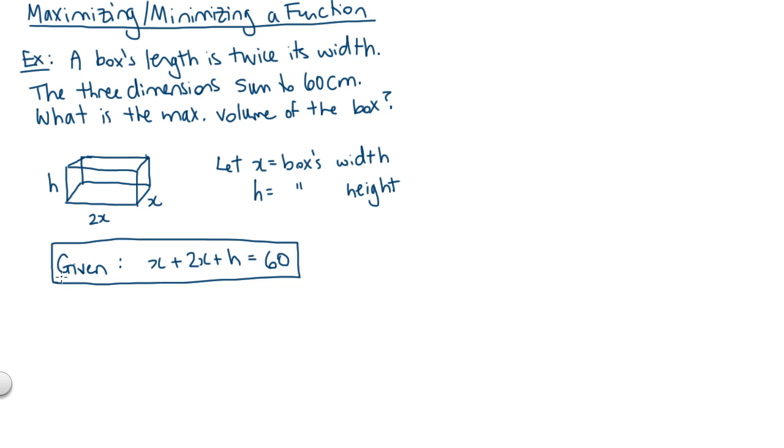And we should also write down what we're trying to do in this question. So we are trying to maximize the volume of the box. So let's maximize V, the volume, and we get the volume from taking the width times the length times the height.